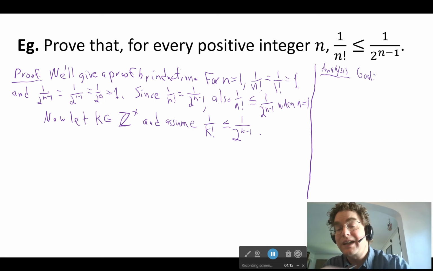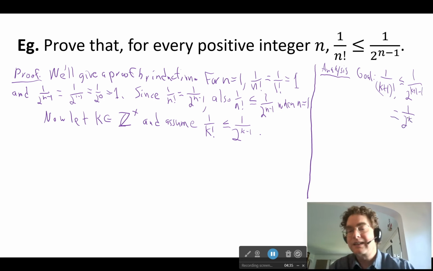We want to have k plus 1 in there, so we want to show 1 over k plus 1 factorial is less than or equal to 1 over 2 to the k plus 1 minus 1, which we can write a little more nicely already as 1 over 2 to the k. And let's see, how are we going to get that? Well, again, we've got to find some way of relating this to our induction hypothesis, which, as you can see, we just put in our proof over there.